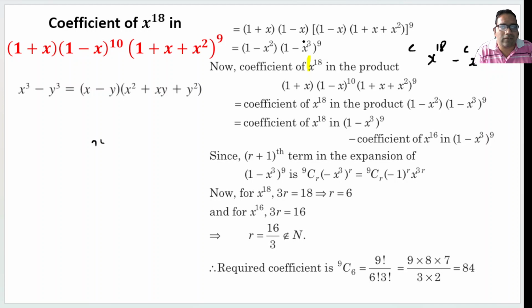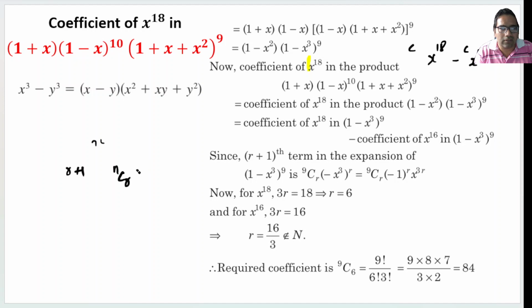What is the coefficient of x^18 in this expansion? x^18 is (x^3)^6. What is the (r + 1)th term in binomial expansion?